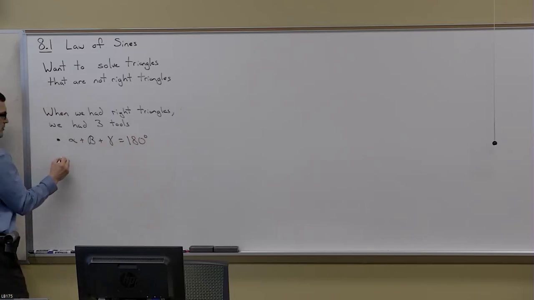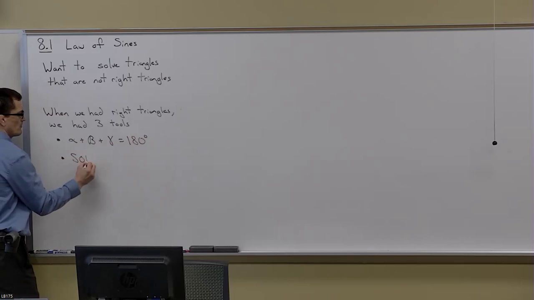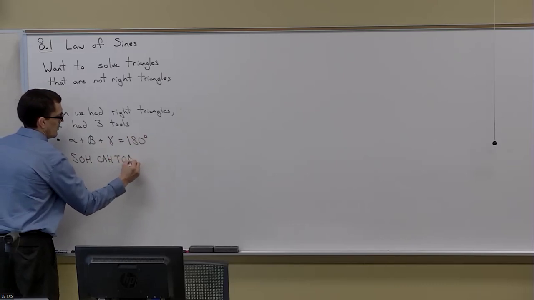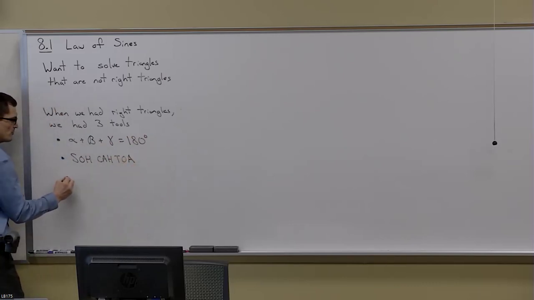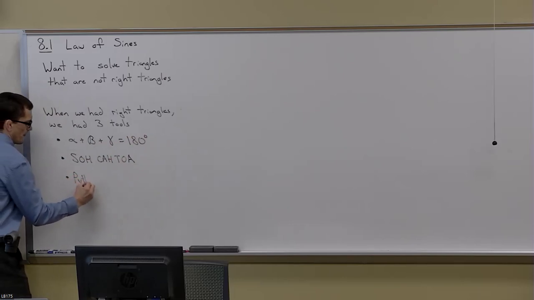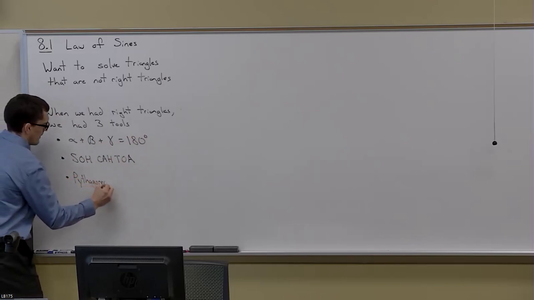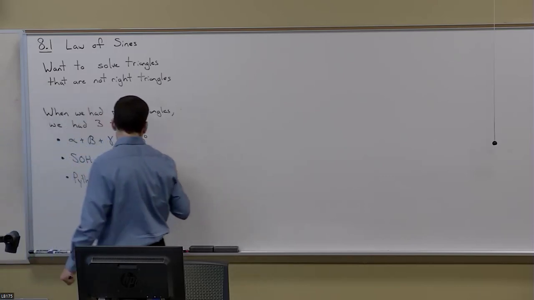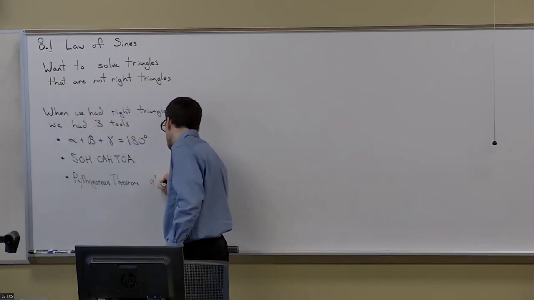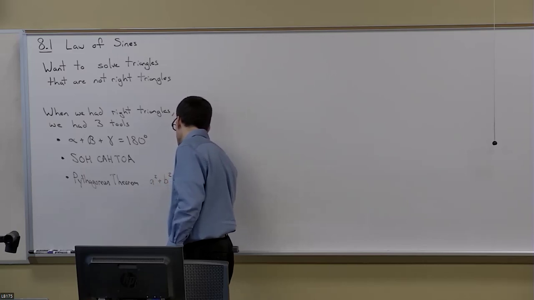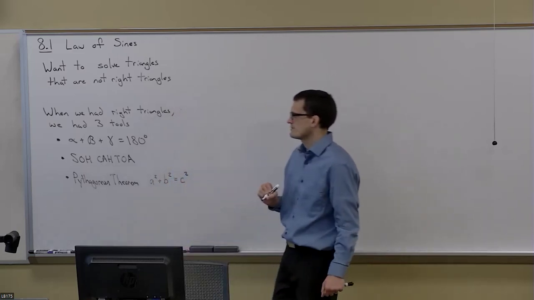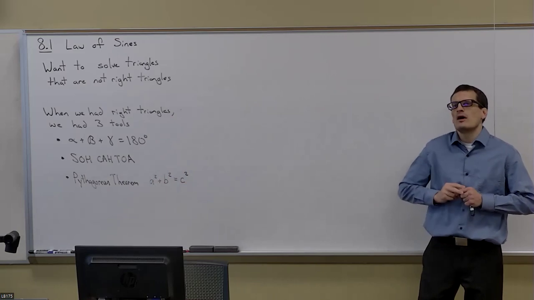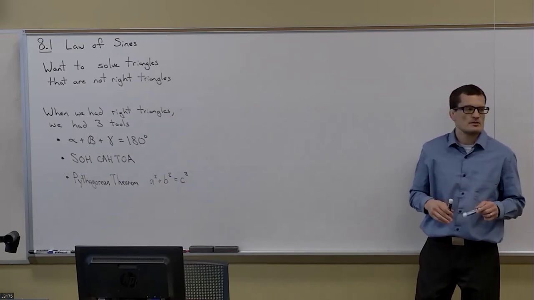The other was SOHCAHTOA. And the other was the Pythagorean theorem, which was a squared plus b squared equals c squared, right, where c is the hypotenuse length and all that stuff. So that's just a short version of it. Okay.